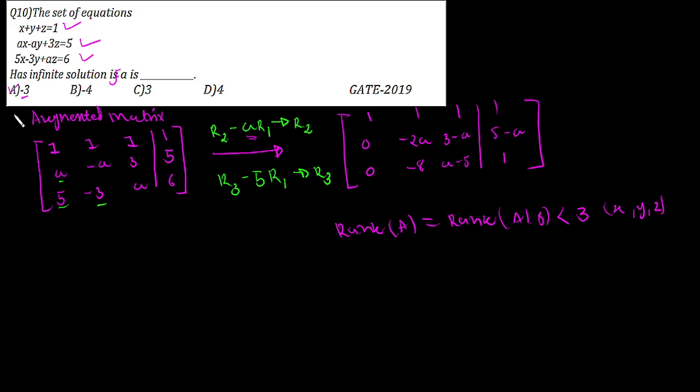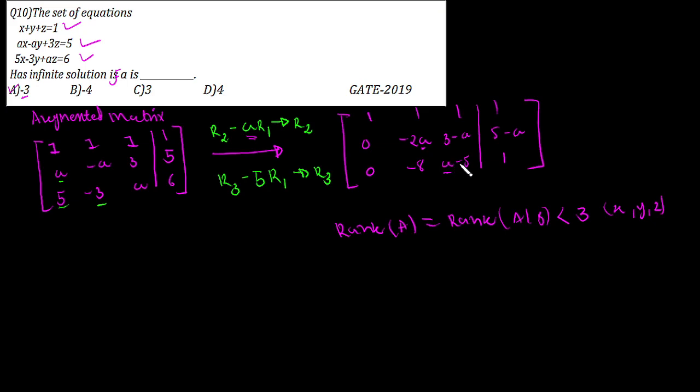Now if you do this for options A, B, and C, then you cannot reduce this matrix to a second-rank matrix. But look at option D. If you put the value of a as 4, then here we are getting minus 8. Here 3 minus 4, so minus 1, and we also have to put the 4 here because we also have a constant a here.